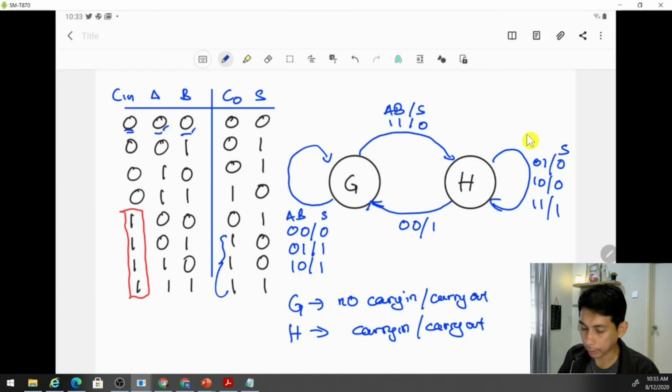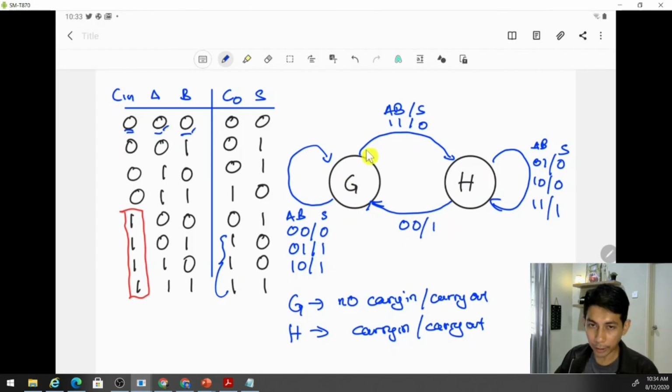This is AB. So this will represent all the values for A and B: 0, 1, 1, 0, 1, 1, and 0, 0. So the final state diagram should be this.